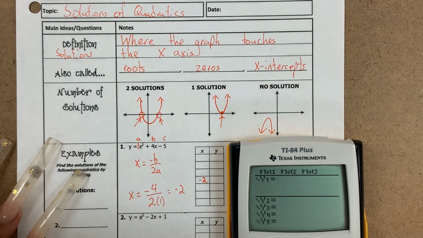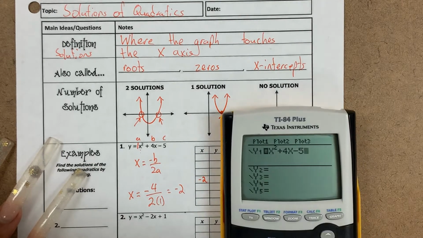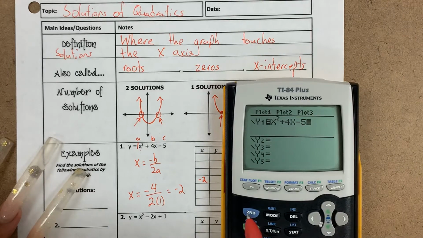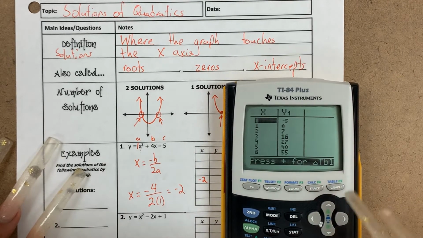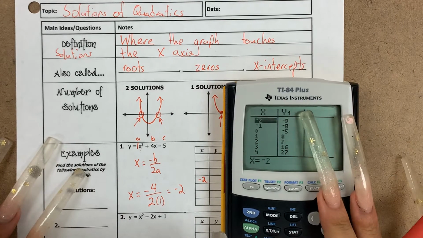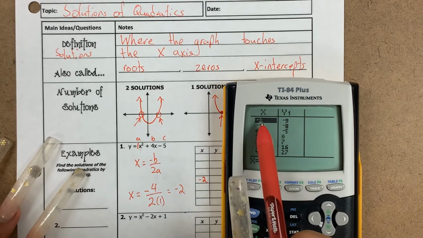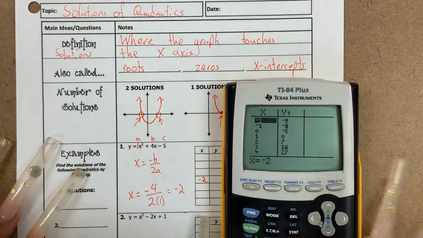So I'm going to type this equation in. Look at the table. Second graph. So I already know what the x value is, -2, so my y value is -9.